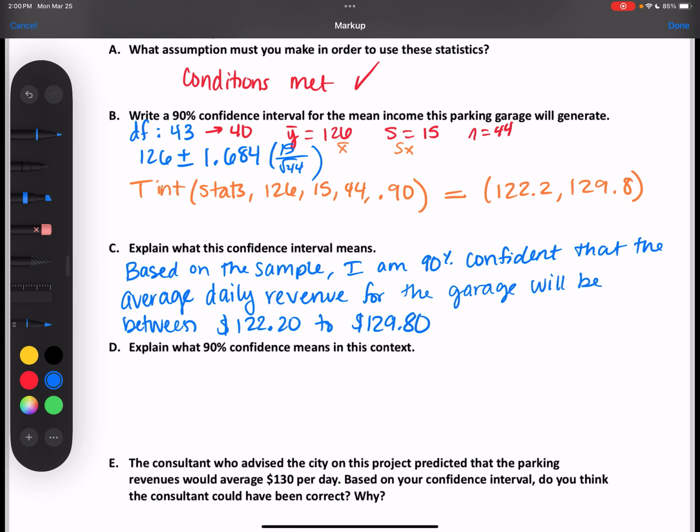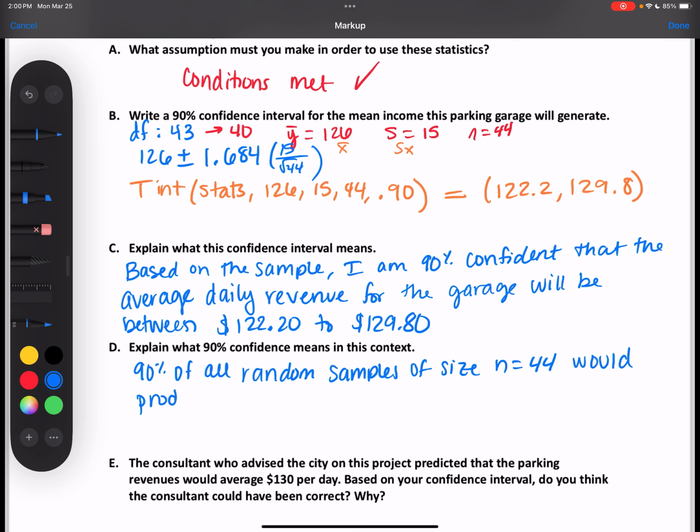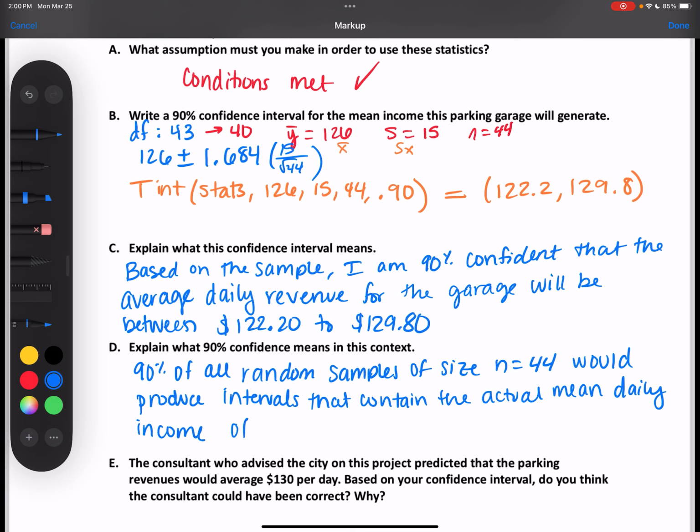Specifically, 90% of all random samples of size n is equal to 44 would produce intervals that contain the actual mean daily income of the parking garage.